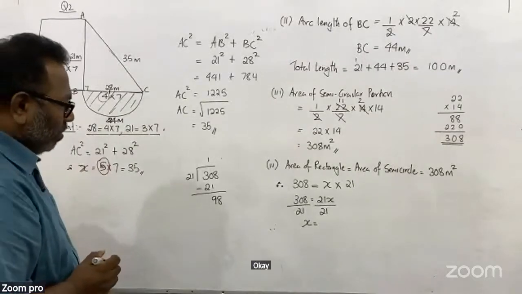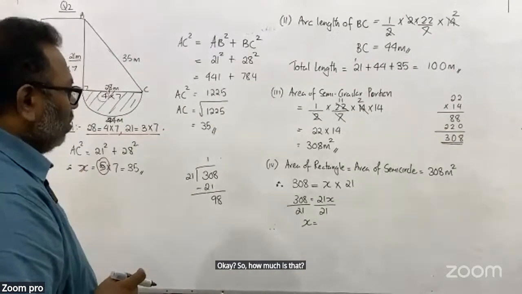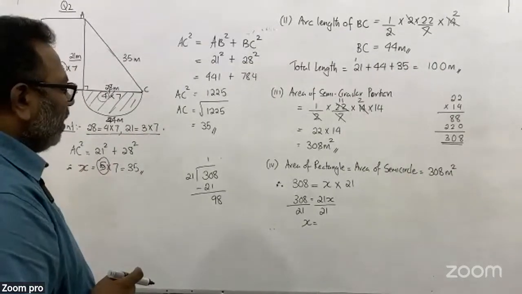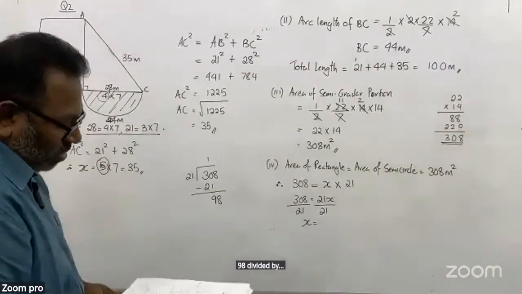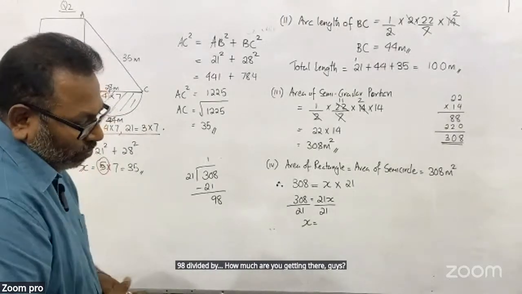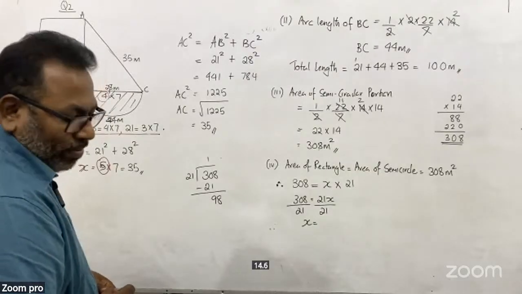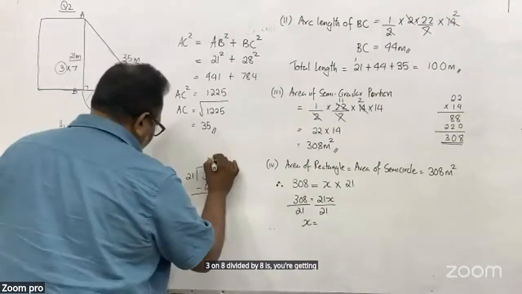How much are you getting there, guys? 308 divided by 21, you're getting 14 here.